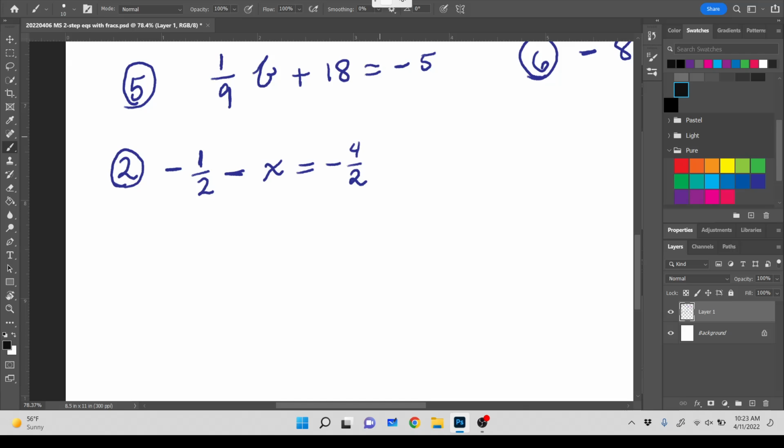This one we would multiply times 2. And we would end up with -1 minus 2x equals -4. And then when we add 1 to both sides, we would end up with -2x equals, sorry, my handwriting is going to be even worse than normal because of the way I'm doing this. Let me get my little stool, at least it helps a little.